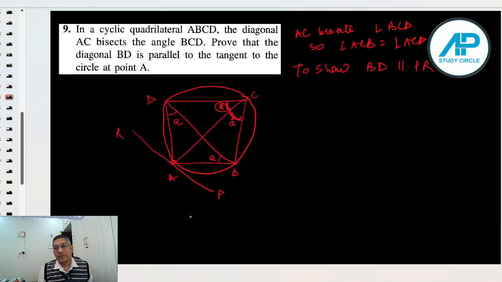Now comes the point for the alternate segment. This chord is AB, it takes the angle at the circumference, and this is the tangent and the chord. This angle is also A. So these two are equal, which makes BD and this tangent at point A, this RAP, parallel to each other. It is as simple as that.